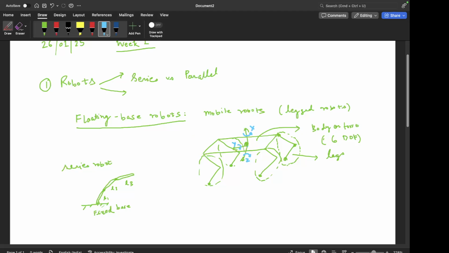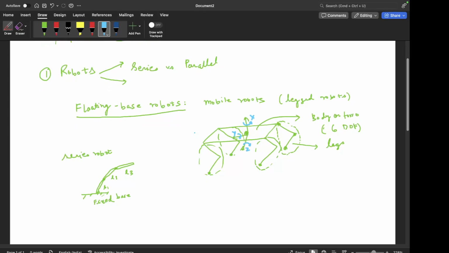The floating part is that the base has additional degrees of freedom. It can be either translatory or rotatory. In this case, for a mobile robot like a robotic dog, a quadruped, or in fact a humanoid, these have 6 degrees of freedom for the base, so they can just move anywhere in the space, right? This is something which you can keep in mind about the term floating base robots.